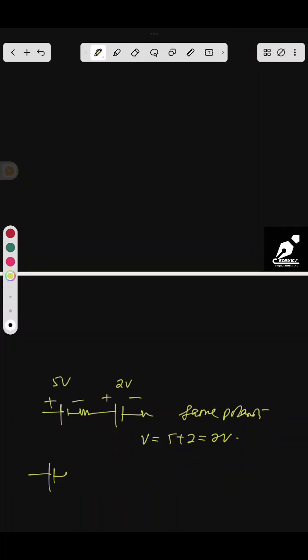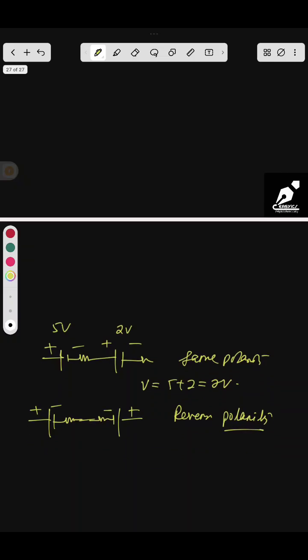Now this is one cell, plus minus, and this is another cell, minus plus. It is called reverse polarity. In such cases, if it is 5 volt and 2 volt, the battery potential will be 5 minus 2 is equal to 3 volt.